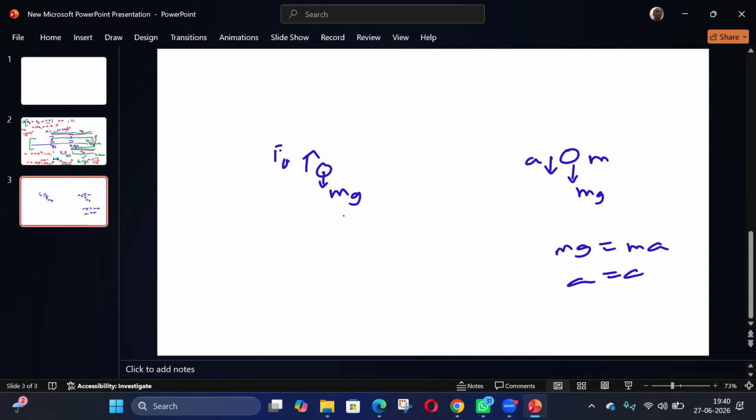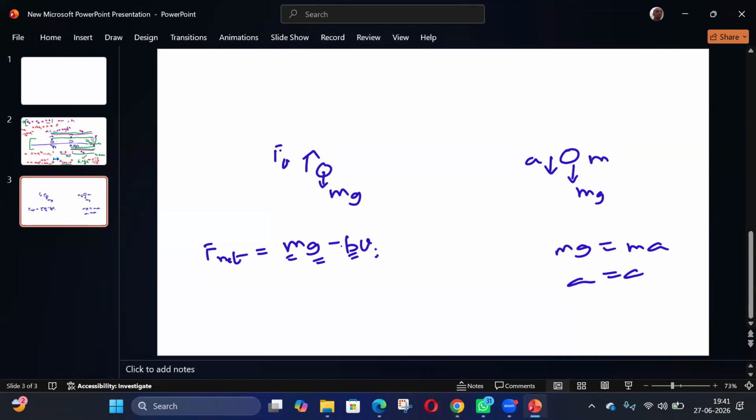But in this case, the net downward force is mg minus the viscous force, which is b into v. So this is the net force acting on this body. g is a constant, m is also constant, b is also a constant, but this v will keep on increasing as it moves down.